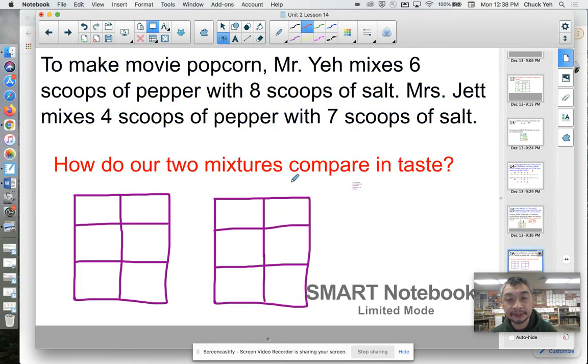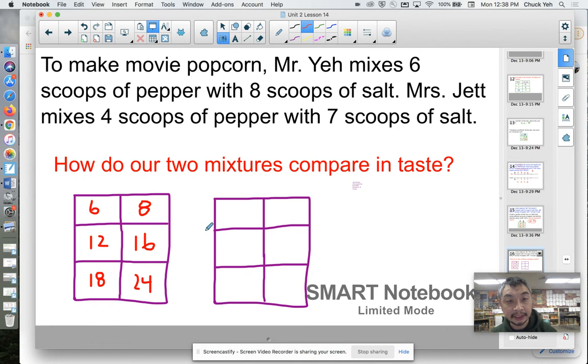How do our two mixtures compare in taste? Let's see. So we have to come up with a number that's the same either on the left side or the right side. So 6 to 8, we can put 12 to 16, 18 to 24.